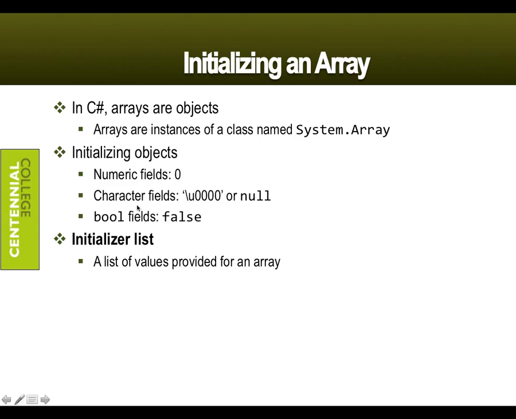So in C#, again, arrays are instances of a class named System.Array. System.Array is the base class for all arrays. When we use the new keyword, we create objects, not just data types.